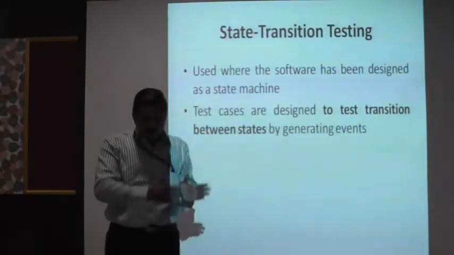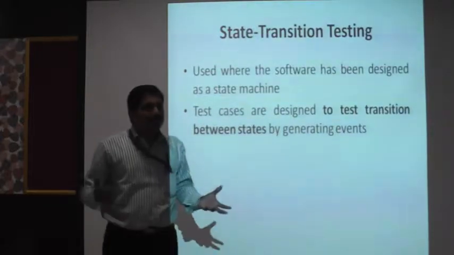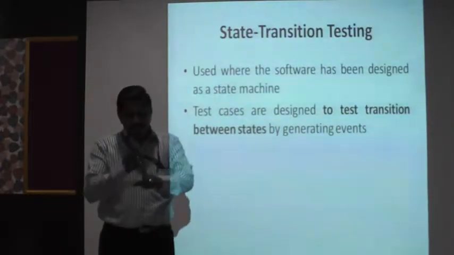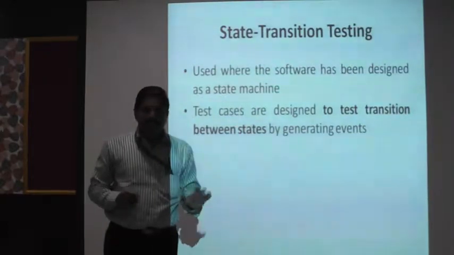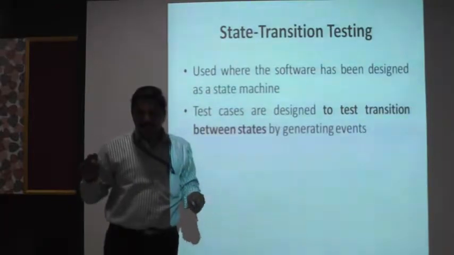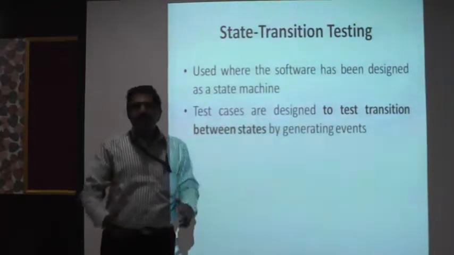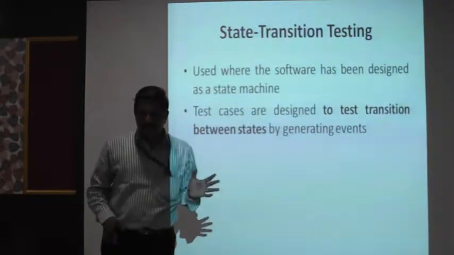So from your home till your college, when you want to move on, what are the different states that you encounter? You press the clutch, you change the gears, you press the accelerator, right? You increase the speed, you decrease the speed by applying brakes, you change the gears.